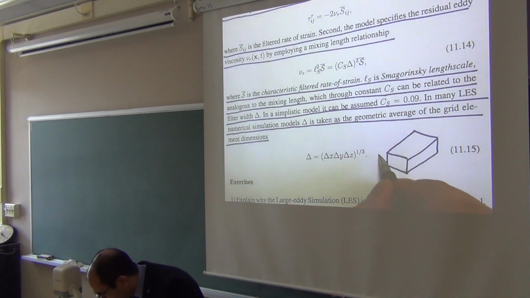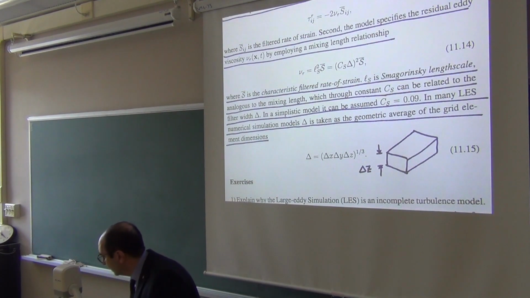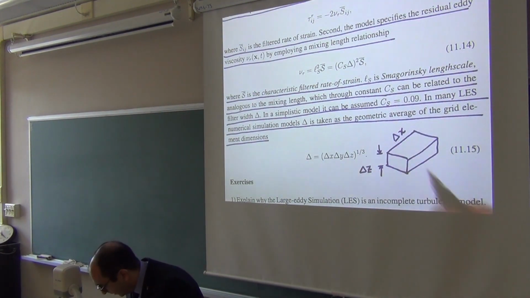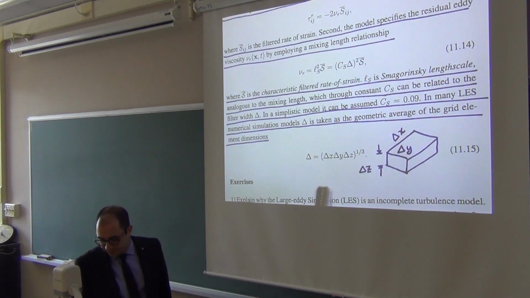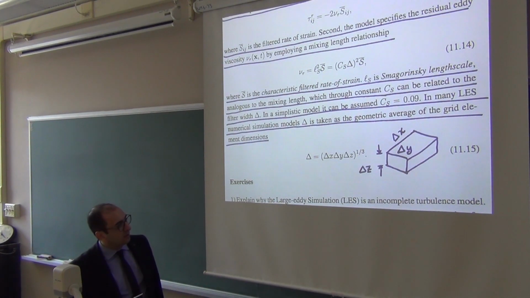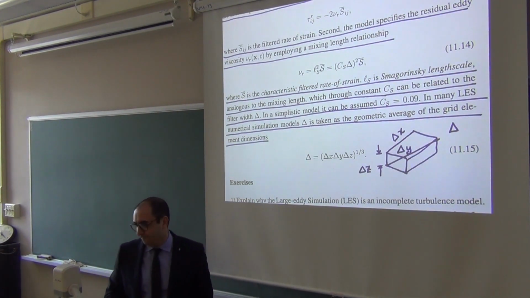Well, this grid has specific dimensions, dx, dy, dz, or delta z, delta x, delta y. If you take the geometric average of the sides of that numerical cell, this is your delta. I mean, if you like, delta is somehow overall the size of the local grid cell.